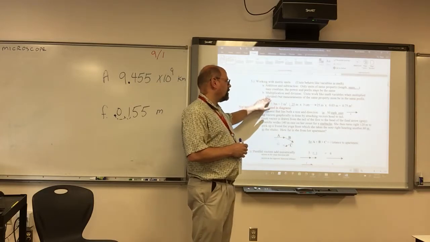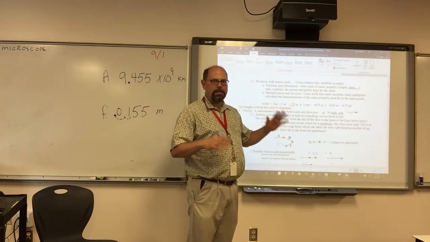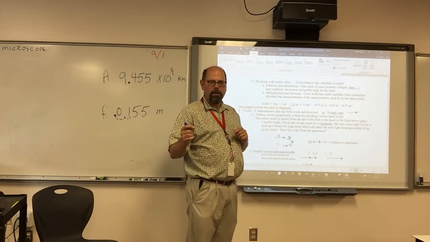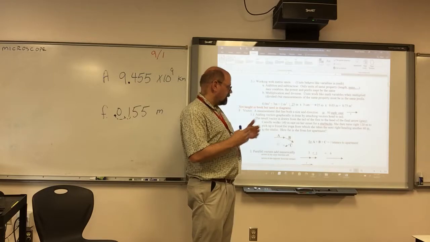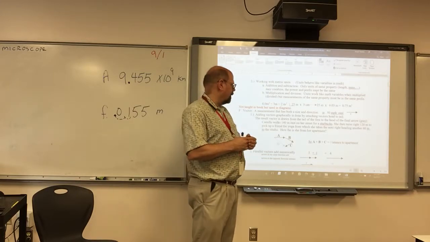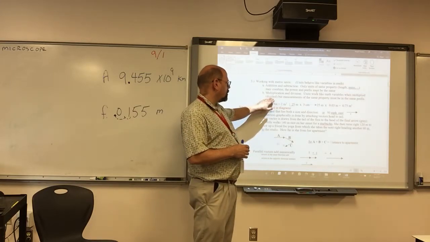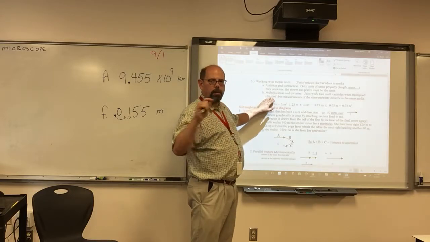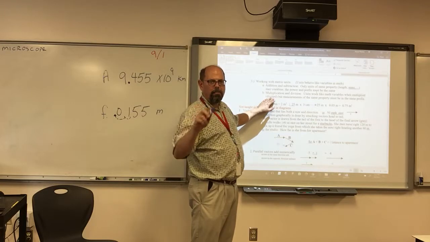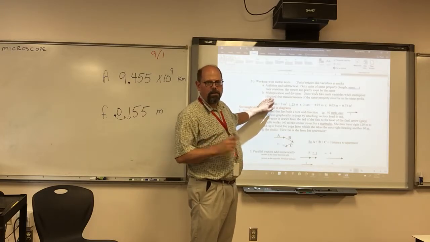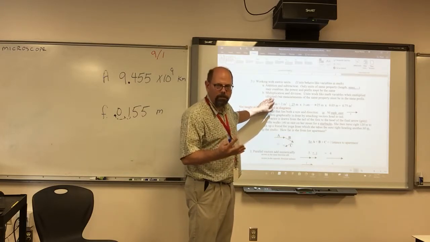Now, in multiplication and division, again, just like x's and y's, they work the same way. A centimeter and a centimeter can be added. They can also be multiplied. When they do, centimeters times centimeters becomes centimeter squared. Okay? So you can just multiply them. But if you're multiplying two units that have the same type of measurement, like a length and a length, make sure they have the same prefix. So change them all to meters or change them all to centimeters.